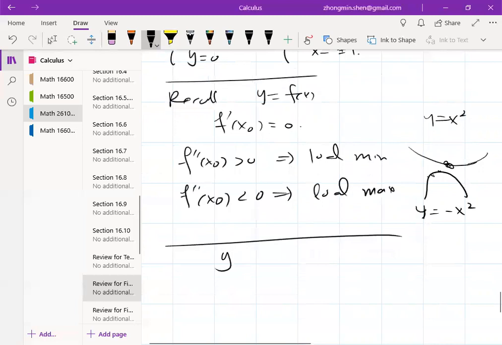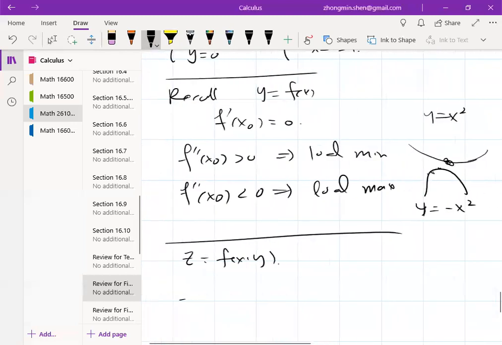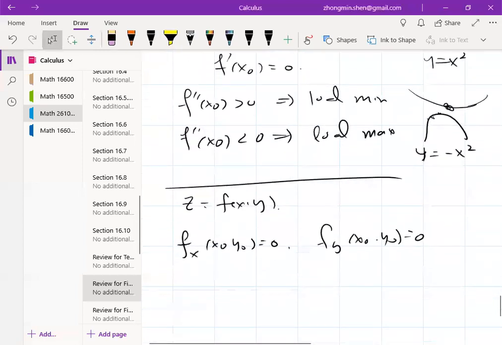In 2-dimensional cases, if z equals f(x,y), and we also assume the first partial derivatives vanish, so we get some point, and it's called a critical point. So the question is whether the function has a local maximum or local minimum.